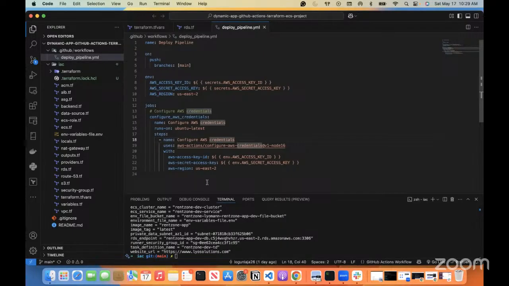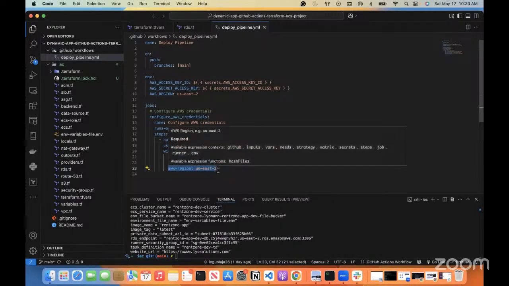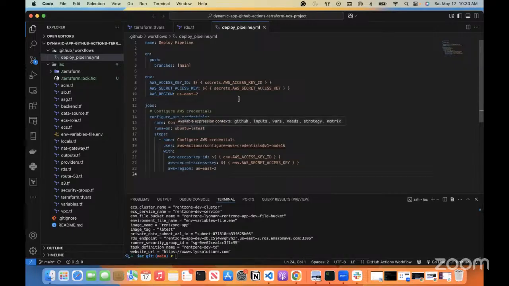Just to mention one more thing as well, I was getting an issue where it couldn't find the AWS region, and what I did was, instead of having it as a template, such as env.AWS_REGION, I just hard coded it directly here, and I think it went past that and led me to this issue we're troubleshooting now.